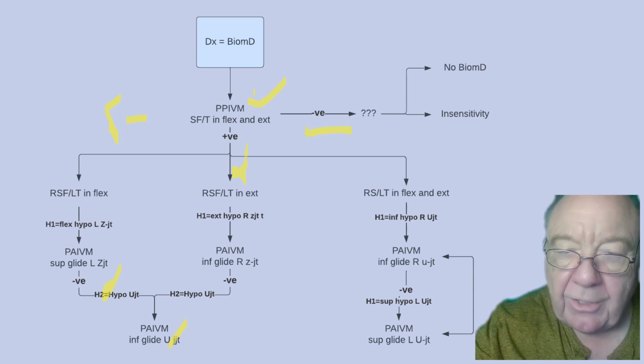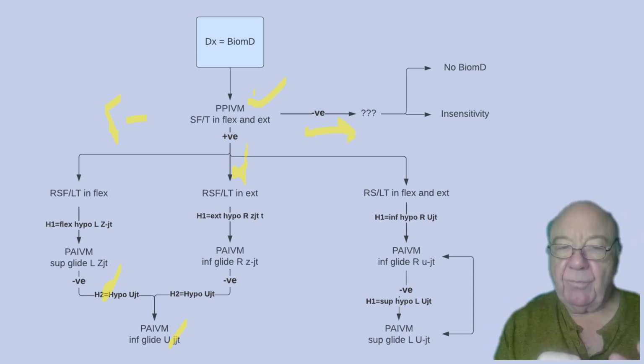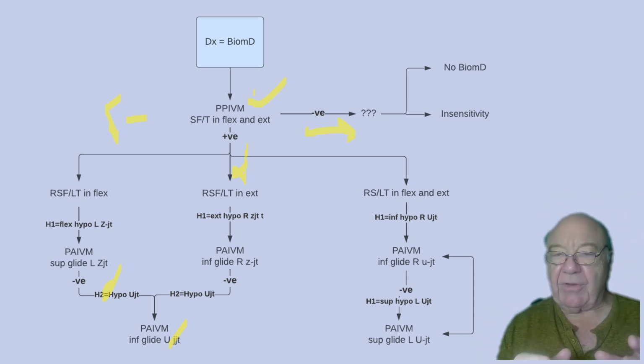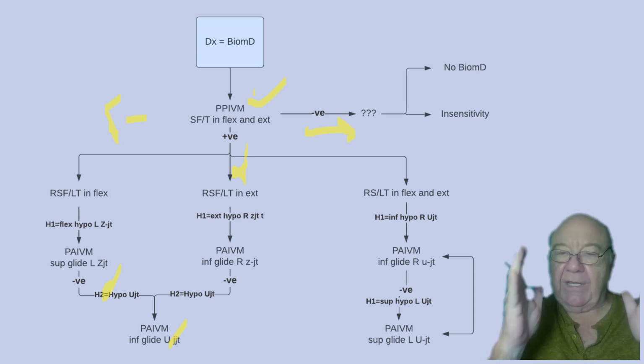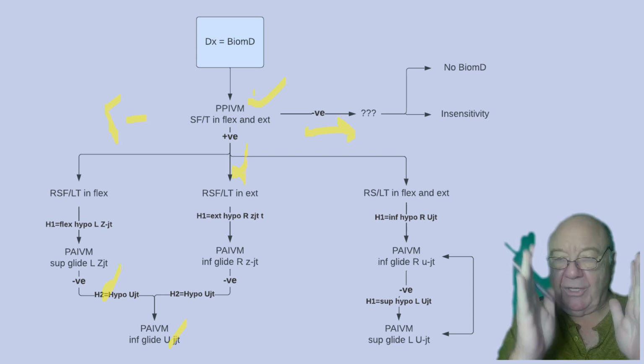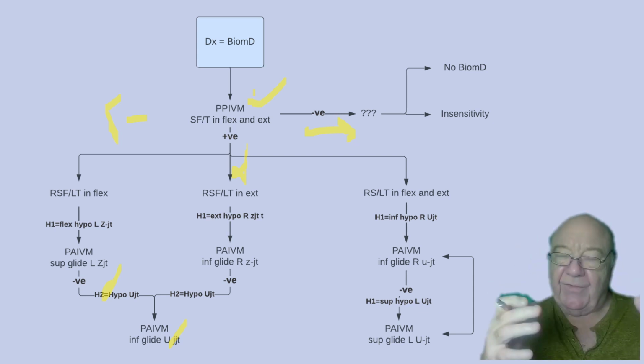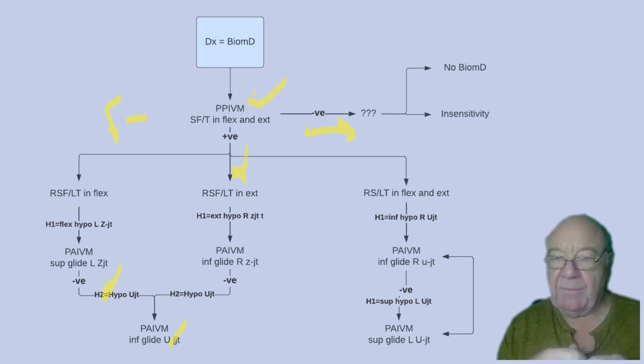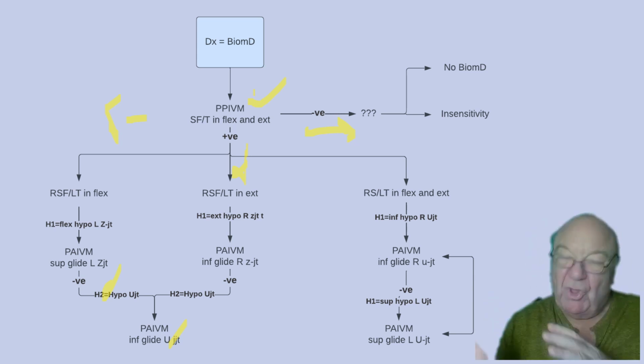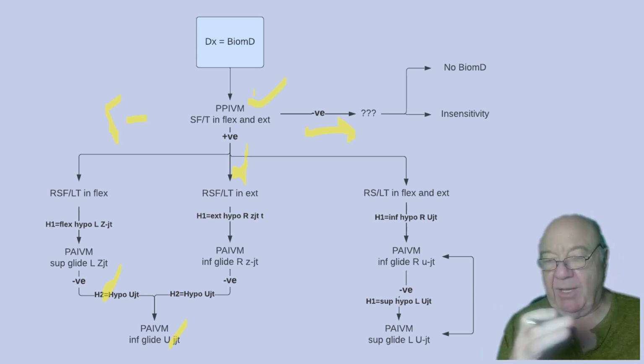Coming in the other direction here now, we're looking at right side flexion, left translation, limited in both flexion and extension, which suggests that either the right uncovertebral joint can't come down, or the left uncovertebral joint can't go up. It's unlikely to be the facets, one on one side, one on the other. So our hypothesis is an inferior glide, we'll pick the right joint because that's usually what it is, but it may be the other side.